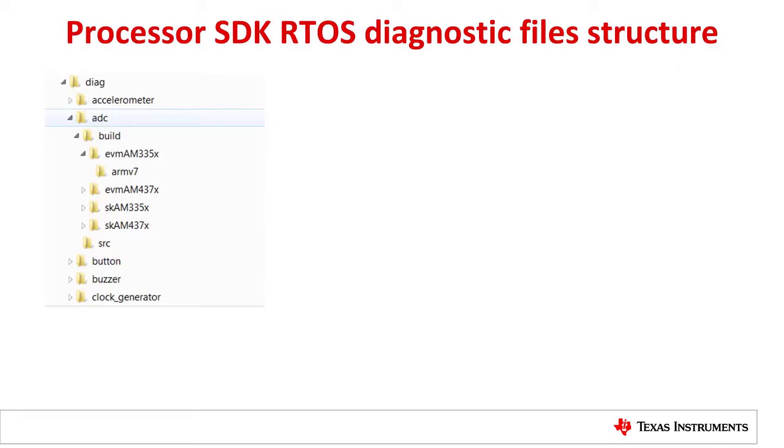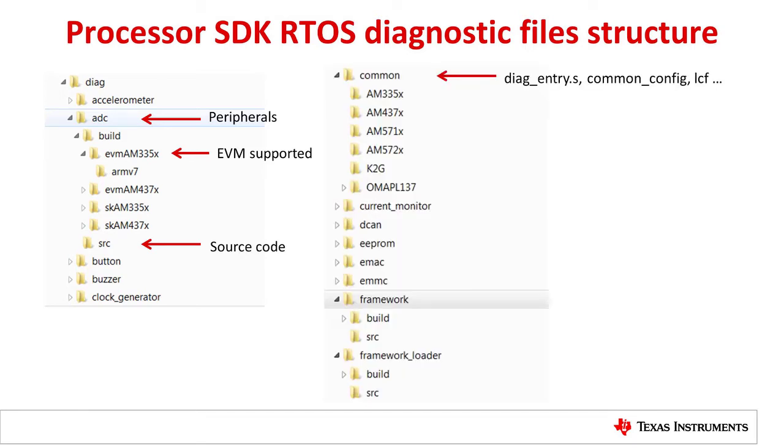Let's take a look at the diagnostic file structure in Processor SDK RTOS. Under Diag, there are many peripherals. Then under Build, there's what EVMs are supported. SRC is the source code folder. The Common folder has assembly code to enter the test application.